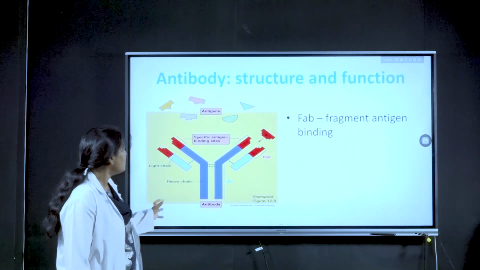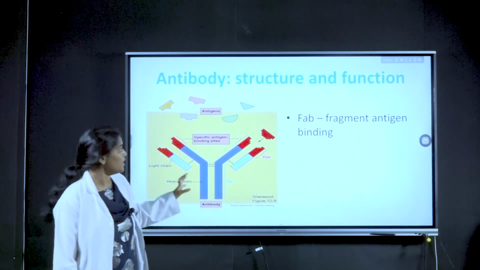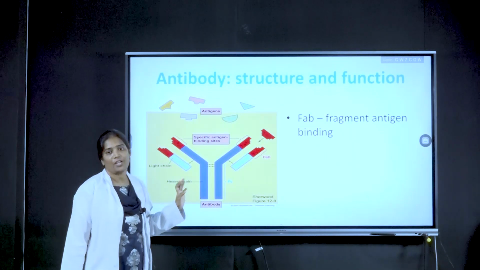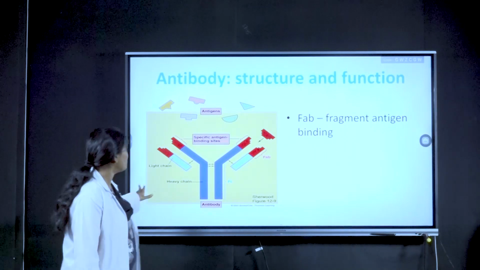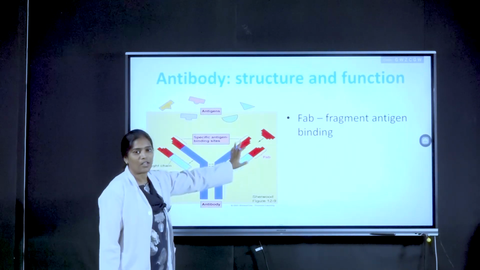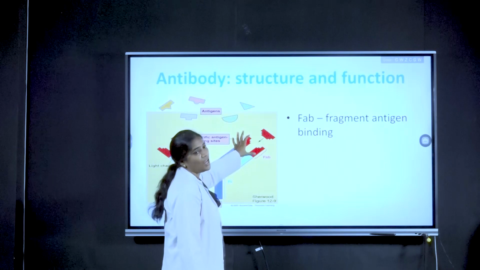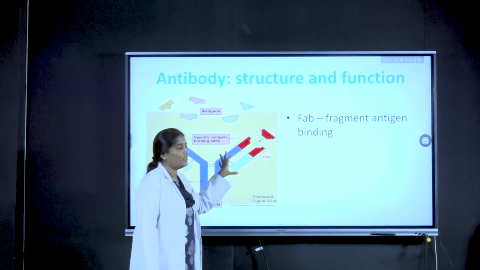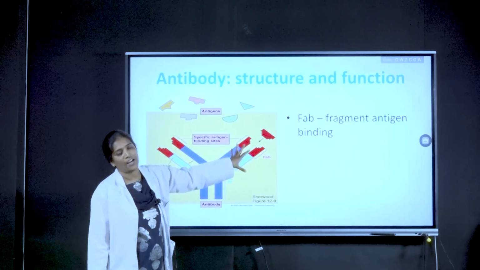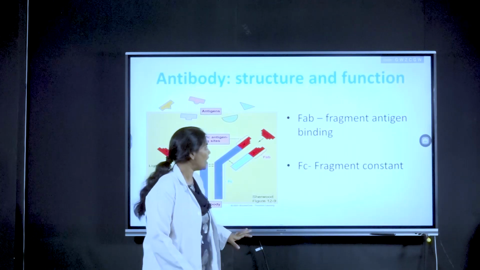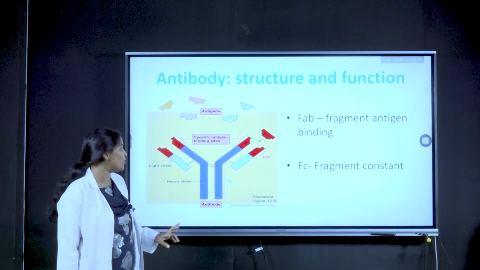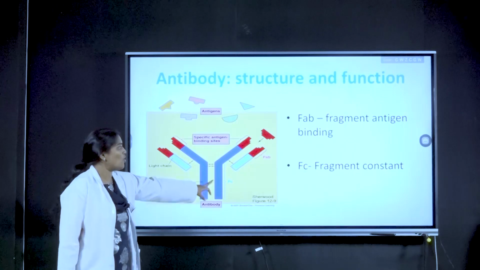Even the antibody has structures like FAB, that is, fragment for antigen binding. These sites have FAB portions, the portions where the antigen binds, or where the antibody tries to bind to the antigen. And the FC component, that is fragment constant, is the constant portion.